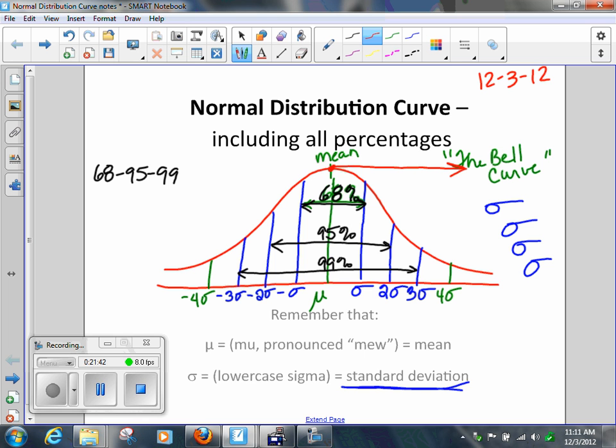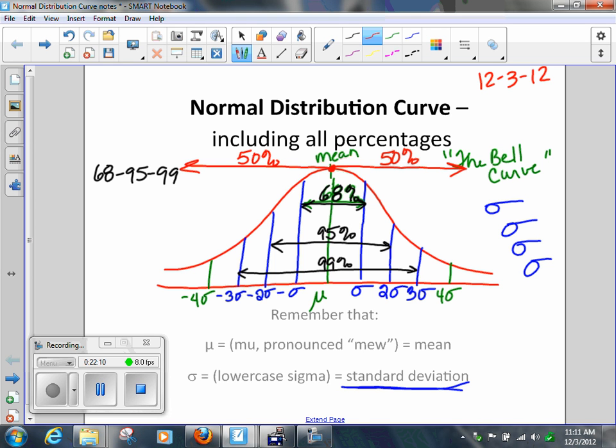Half, which is how much percent? 50%. So if 50% of your data falls to the right of your mean, which also means how much falls to the left of your mean? 50.